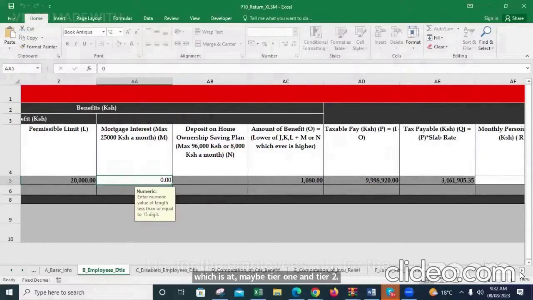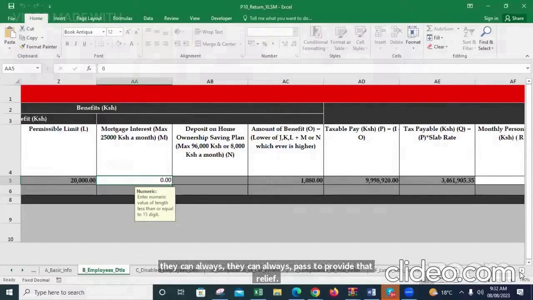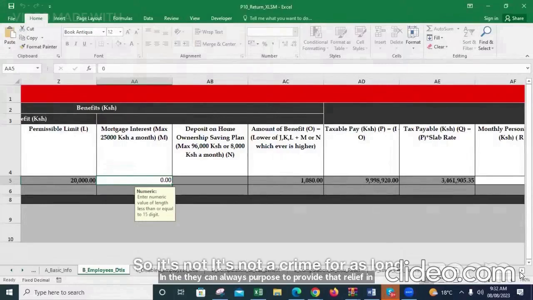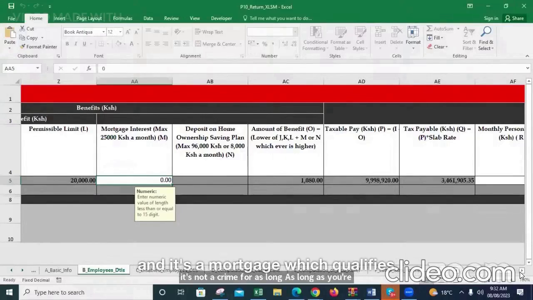For employers who are deducting mortgage repayments through the payslip for the employees, they can always provide that relief in the pay return, so that at the end of the year the employee is not in a refund position. It's not a crime as long as you're deducting these mortgage repayments through the payslip and paying the lender, and it's a mortgage which qualifies.